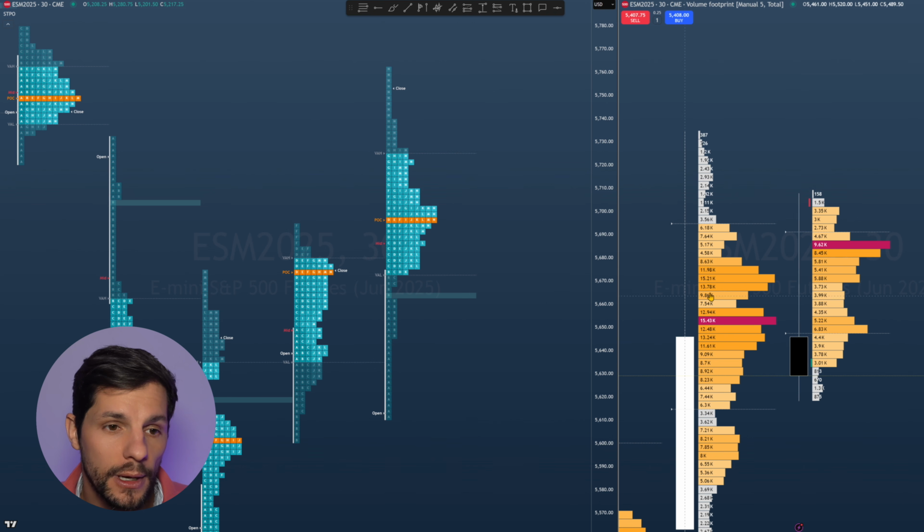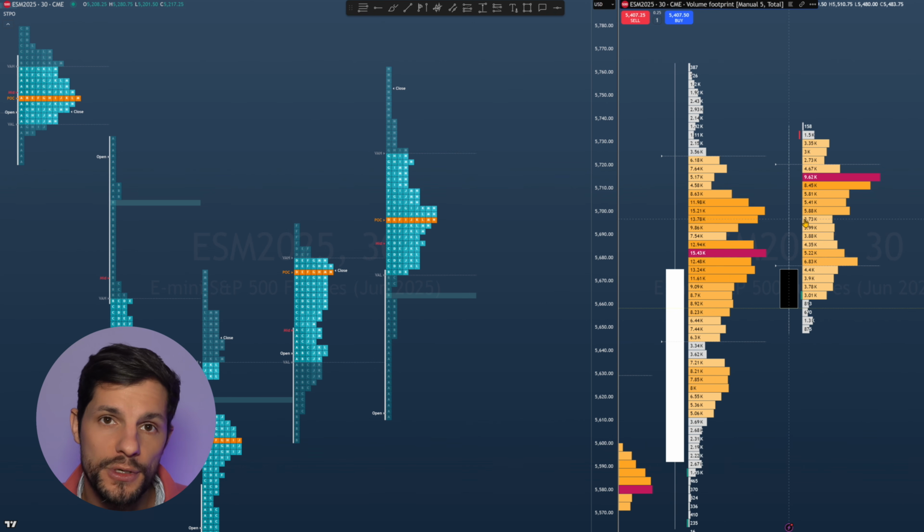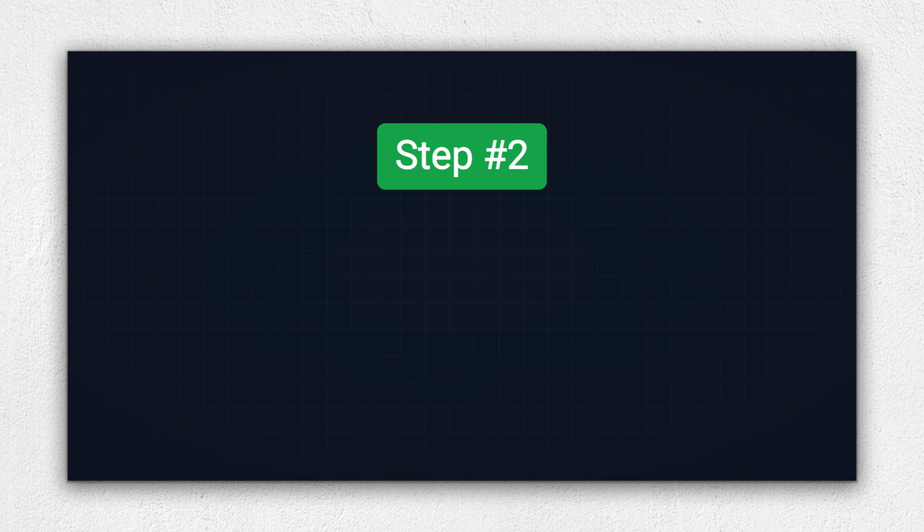And I can show you very quickly here. So this represents a 30-minute, not a daily. You often will see other traders using the complete day for the volume, but I'm not doing that. I am using the current 30-minute profile. Super, super important, and I'll break this down a little bit later for you.